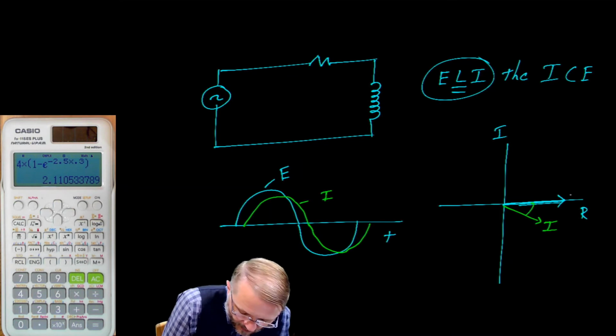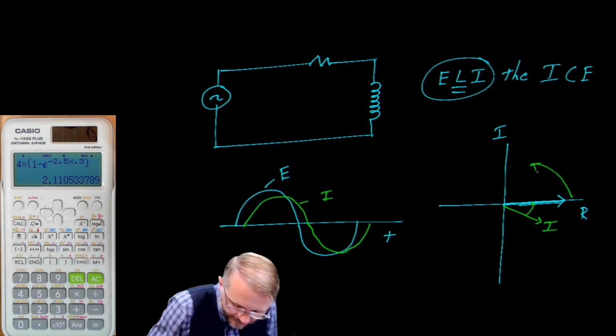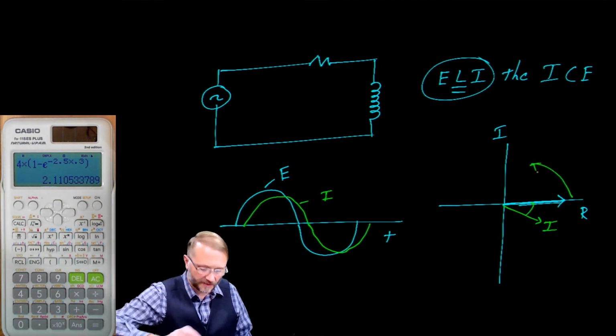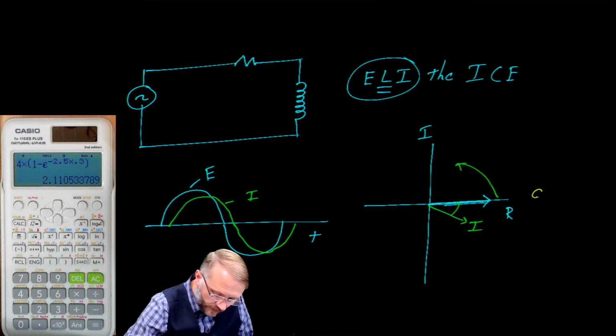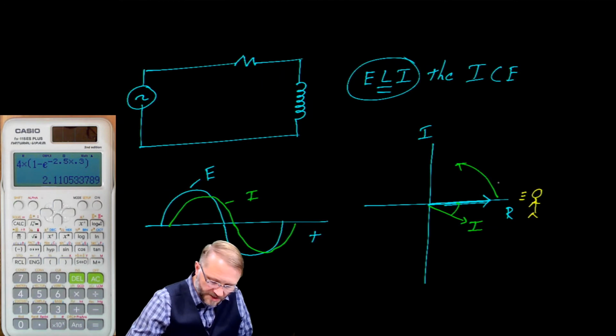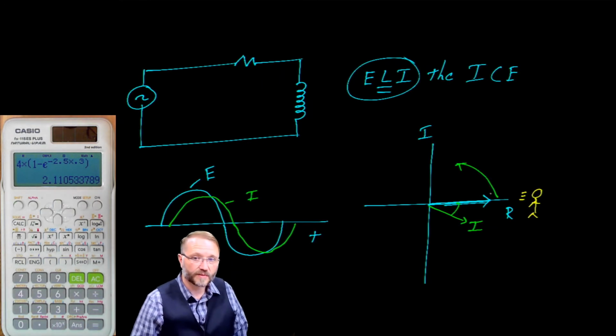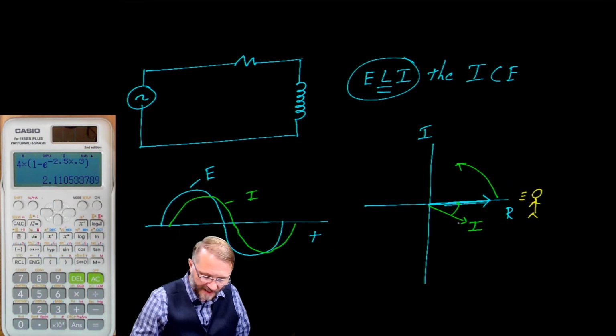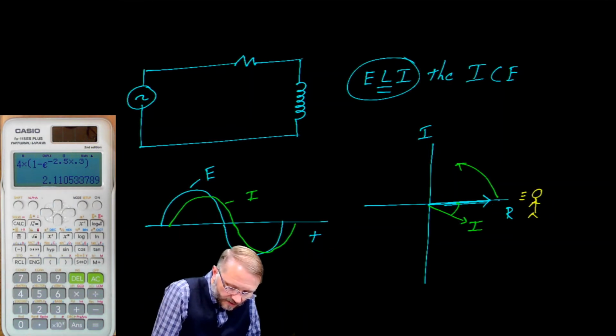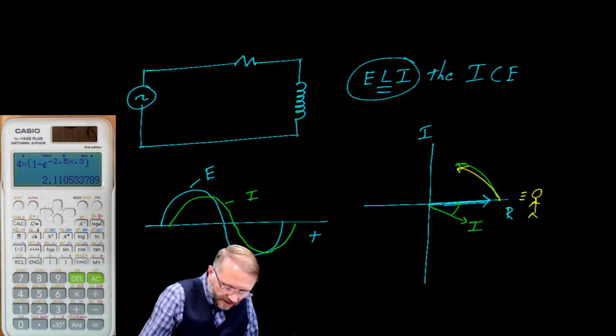Because you remember, this rotates in this direction. So everything rotates in a counterclockwise direction. If you were a stationary observer at this point, looking this way, what you would see is the voltage waveform first, and then sometime later, the current waveform would go past. Again, as they all go moving in this counterclockwise direction.